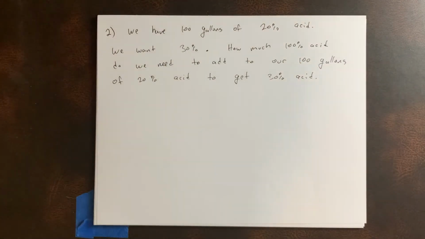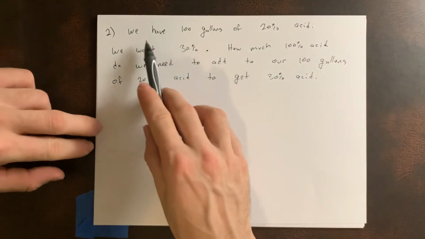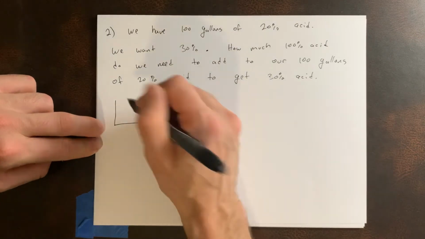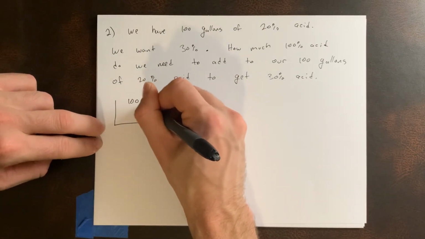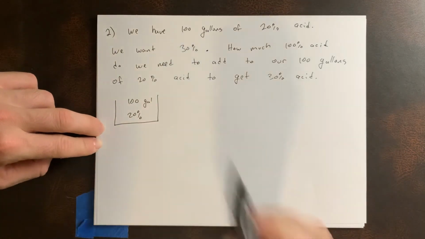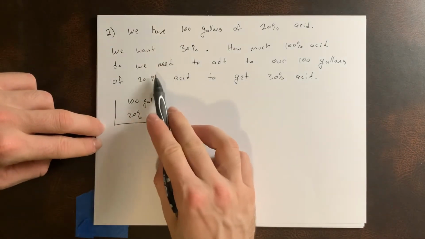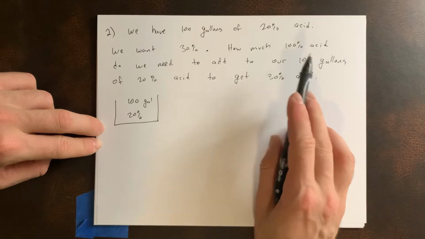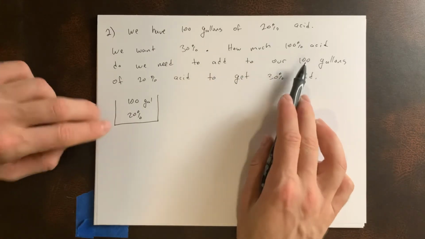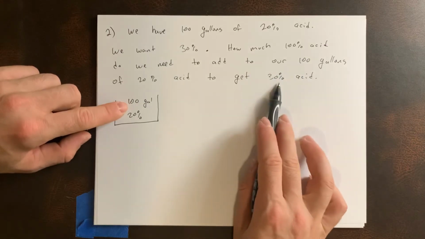So let's put in a picture what we want and what all this stuff is saying. So we have 100 gallons of 20% acid. So here's 100 gallons and it's 20%. We want to add, right here, how much 100% do we need to add to our 100 gallons to get a 30% acid solution?